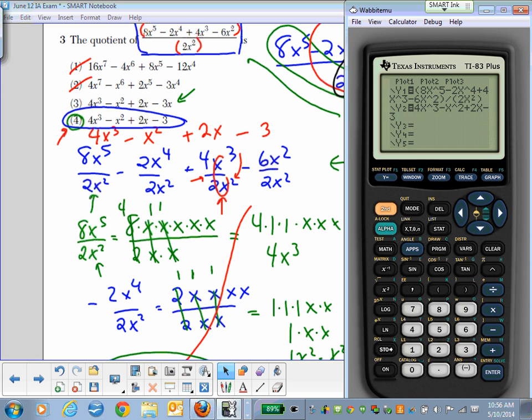If y1 and y2 are different expressions representing the same expression, then they should be exactly the same. That means when I look at the graph, or the table, if I do second table, all of the numbers should be matching, okay?